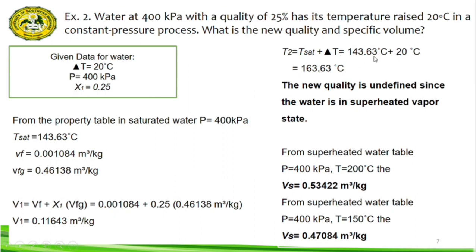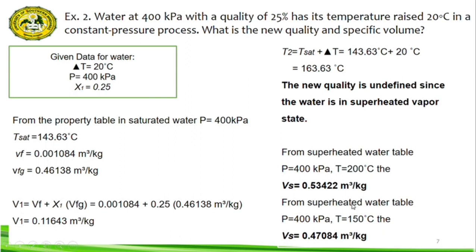By plugging this into our calculator, or simply manual calculations, we get 163.63 degrees Celsius. Unfortunately, the new quality is undefined since the water is in the superheated vapor state. That means all the liquid present, for example in a cylinder, has been vaporized. So that's why it's undefined.